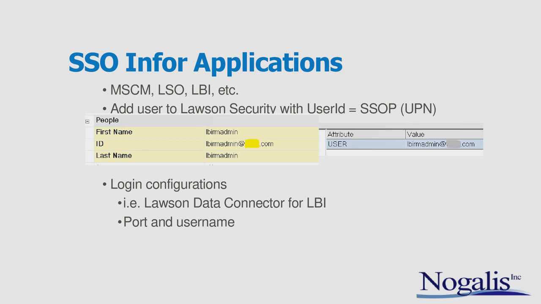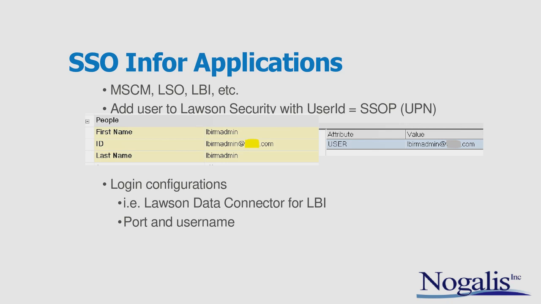For the single sign-on applications, MSCM, LSO, LBI, those that use DSSO or DSP, they have a little bit of extra configuration involved. For LBI and MSCM, they use a search mechanism.